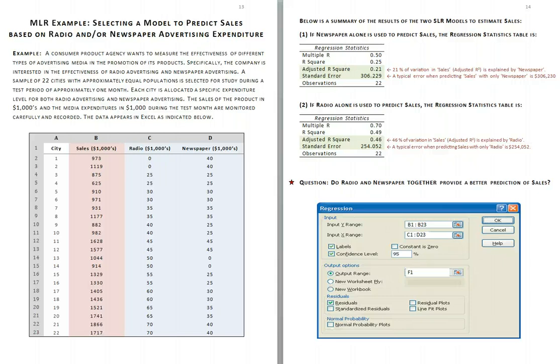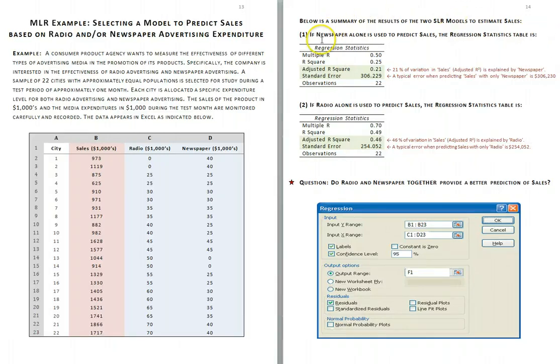We'll later see that there are other possible models. A good model would have a relatively large adjusted R-squared and would satisfy the model assumptions. We'll discuss checking the model assumptions in section 14.3.